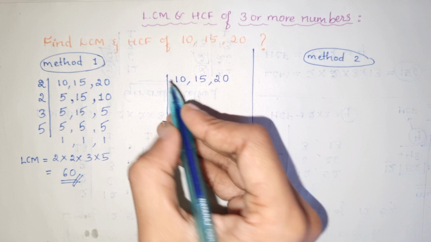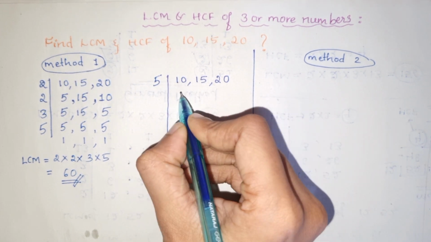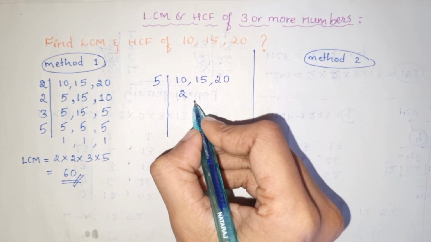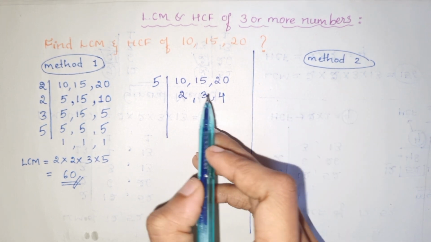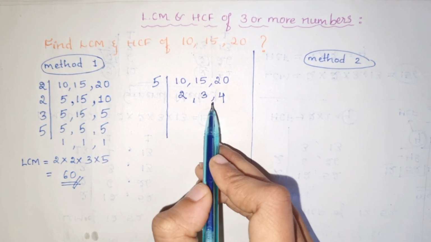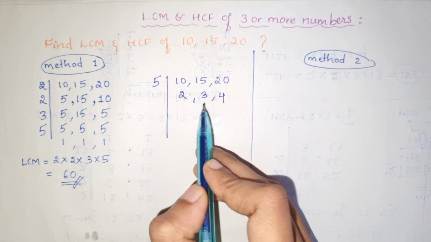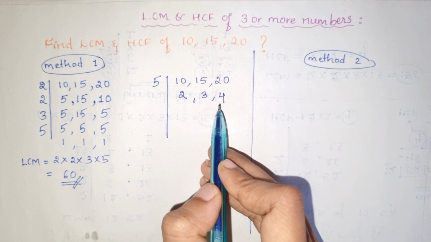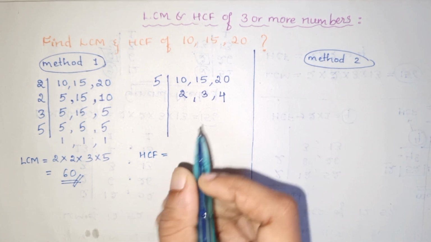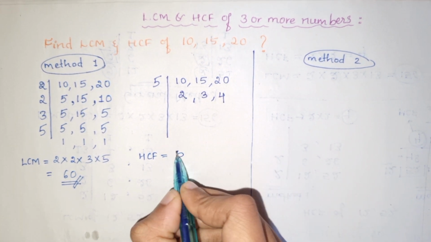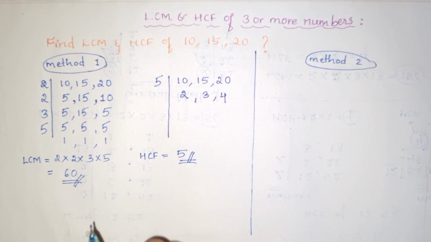So the only option left is 5. 5 2s are 10, 5 3s are 15 and 5 4s are 20. Further it is also not possible because 2, 3, 4 together are not present in any of the tables. So the HCF of these 3 numbers will be 5. I hope this is clear.